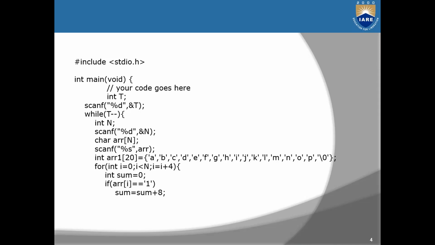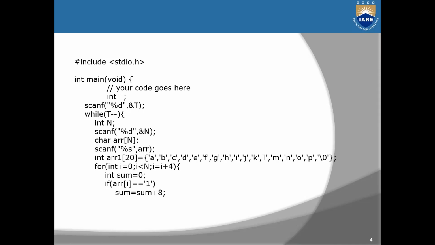Within the while loop we are taking another variable n of int data type, and we are taking user input by using the scanf function like %d, where % denotes the integer type, and &n means it will go into the n variable.